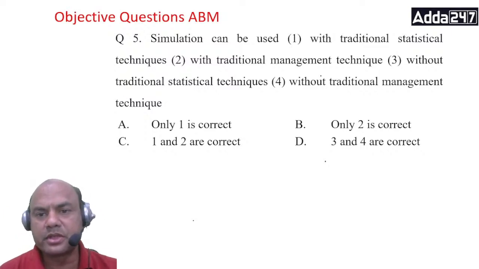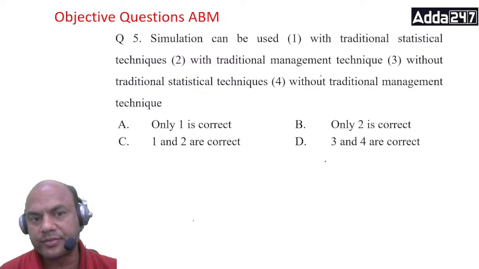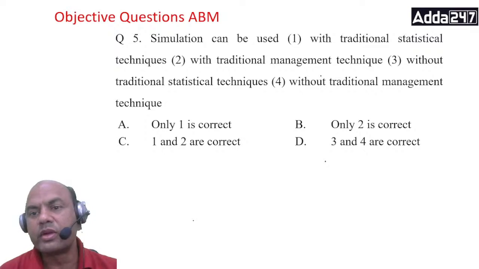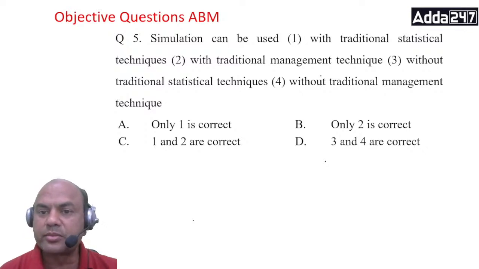Simulation can be used, number 1, with traditional statistical techniques; 2, with traditional management techniques; 3, without the traditional statistical techniques; 4, without the traditional management techniques. Now this is a bit easy to understand, isn't it? It can be used with both of them.